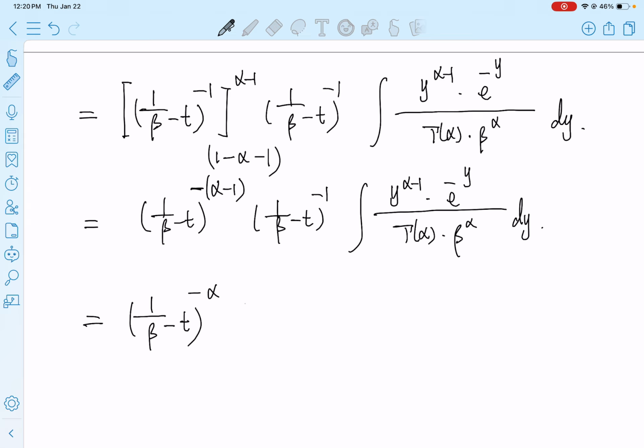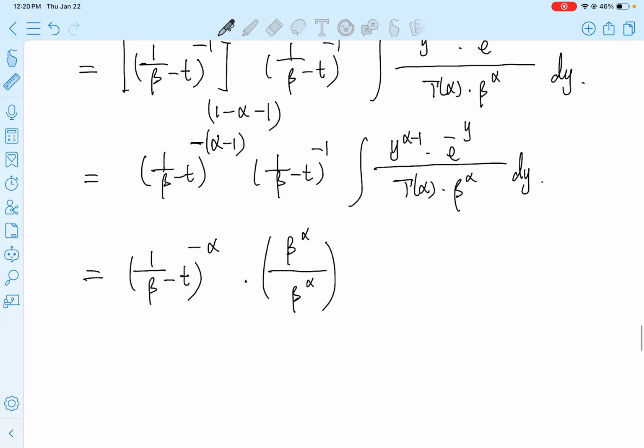And now I want to multiply beta alpha divided by beta alpha. So again, I'm multiplying a 1, so it should not alter the quantity here. And then continue.